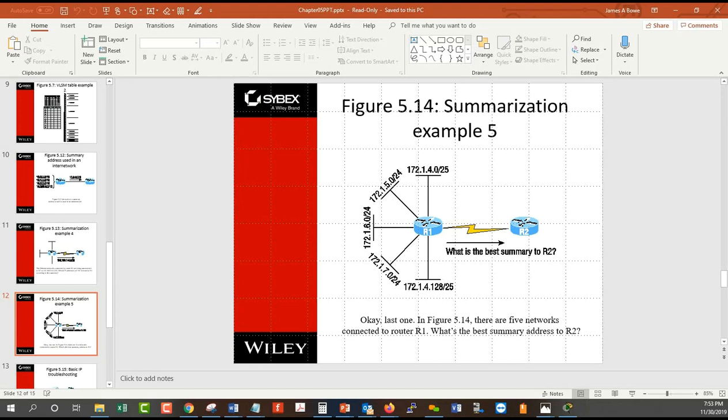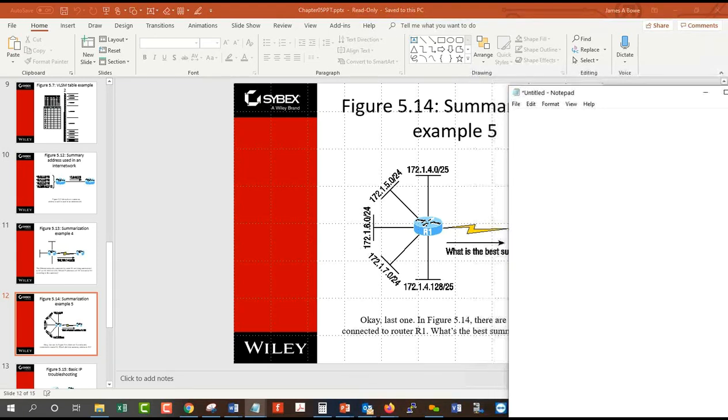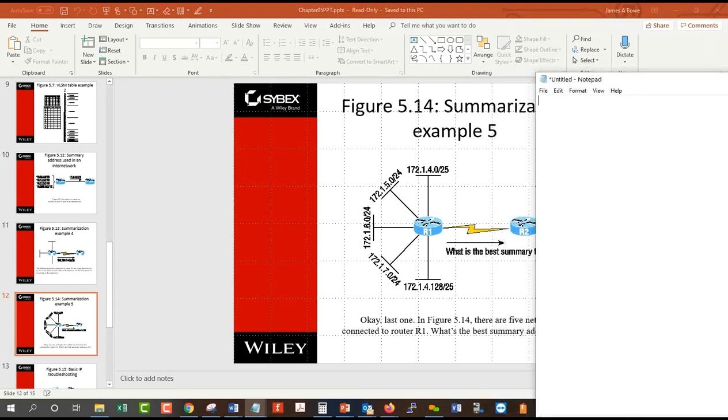And if you look at these values in binary, okay.